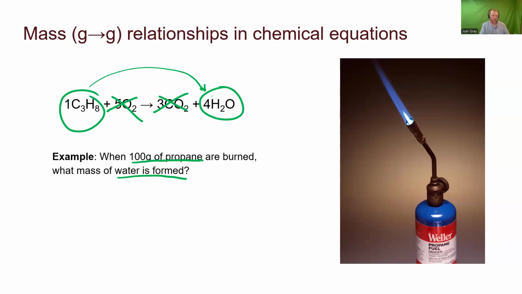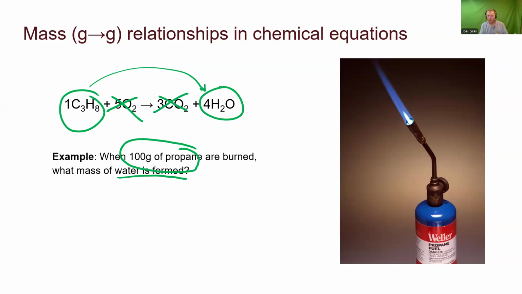Can you give me a Y or an N if you follow that? Great. Now, whenever we're speaking the language of chemistry, we need to convert things into moles. 100 grams of propane, is that the same as 100 moles of propane? Y or N to the chat? No, it's not.